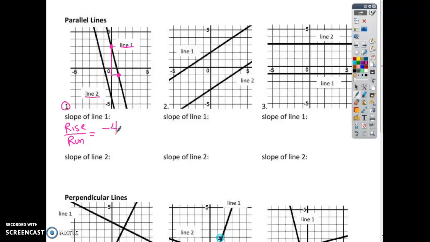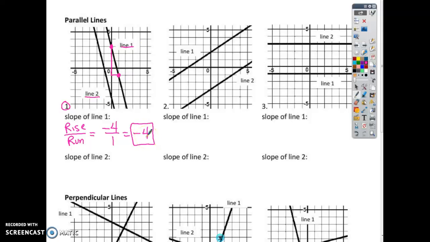How much did I run from here to here? 1. So divided by 1. If you put this in the calculator, negative 4 divided by 1, what does it give you? It gives you just negative 4. So the slope of line 1 is negative 4.